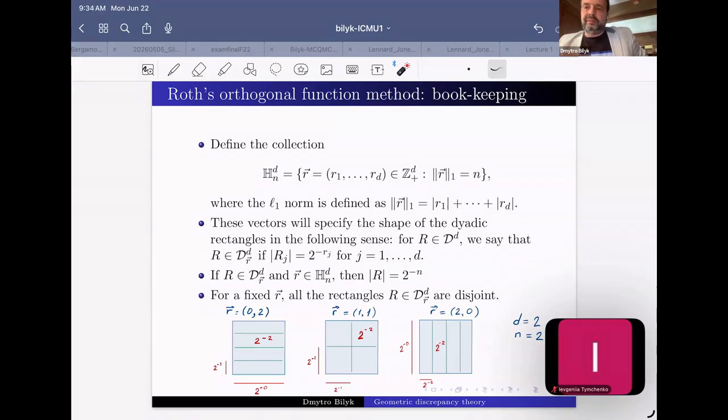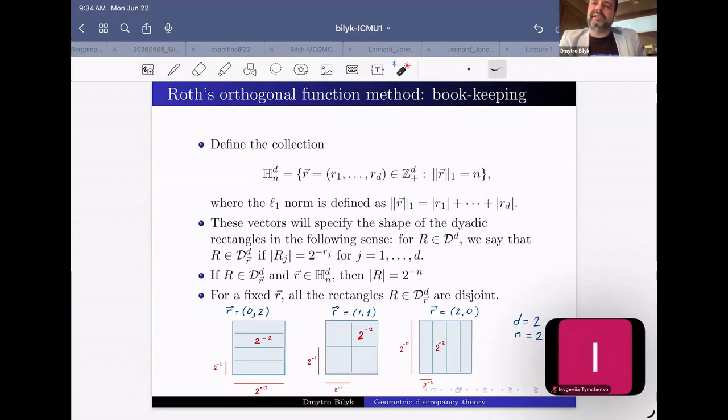Even in 2 dimensions, it's already more complicated, and the higher the dimension is, the worse it gets. So we need to introduce some bookkeeping. We'll try to keep track of different shapes of dyadic rectangles that you can get. So I'll introduce this set of integer vectors with non-negative coordinates, so that the coordinates add up to 1.